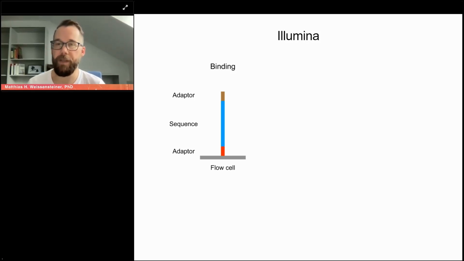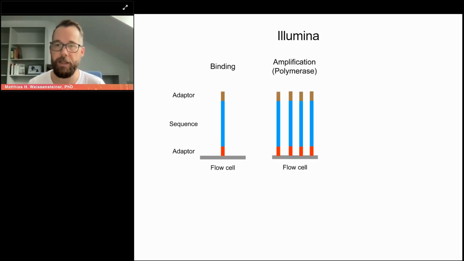And here, the basic principle is that a template molecule, so you have extracted DNA from an organism, and this is essentially attached to a flow cell, and adapters have been ligated to it. And then this is amplified with a DNA polymerase to have this clonal amplification step.